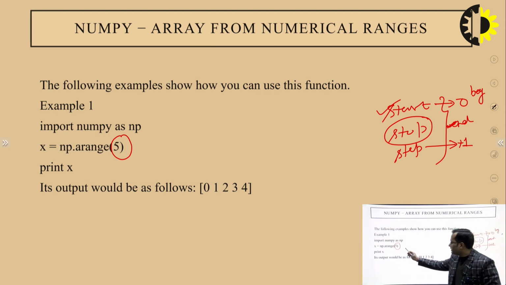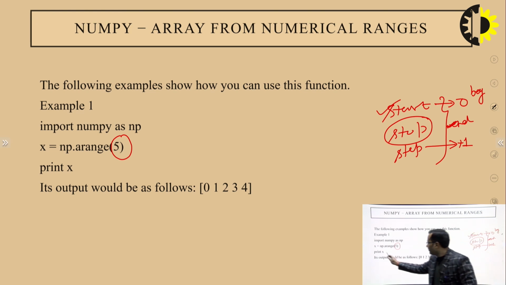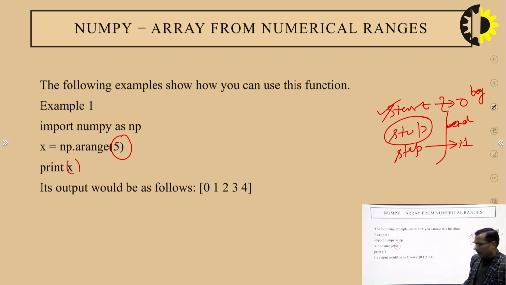So 5 means it will generate the numbers from 0 to 4, because the 5 will not be included. It will create an array starting from 0 to 4.